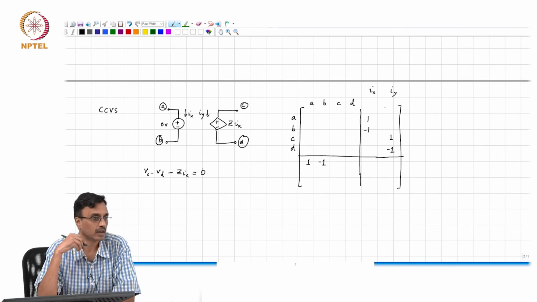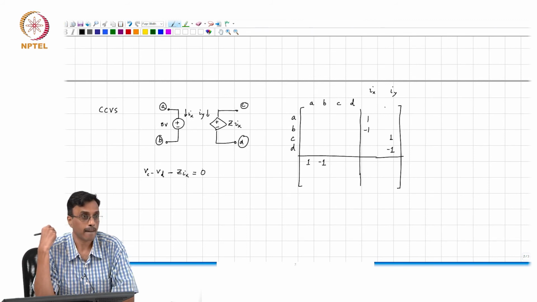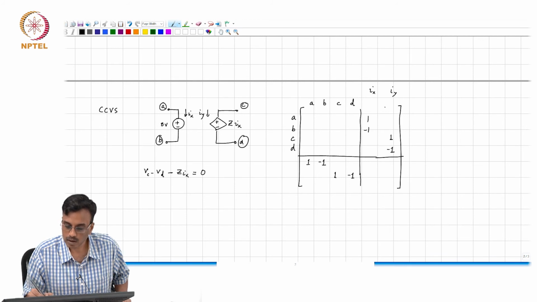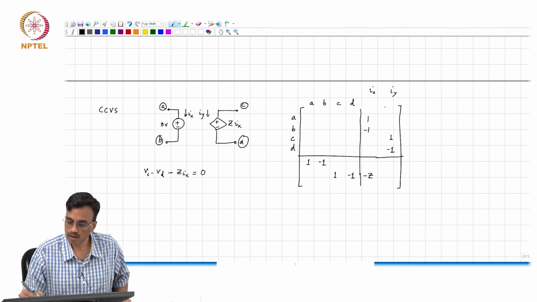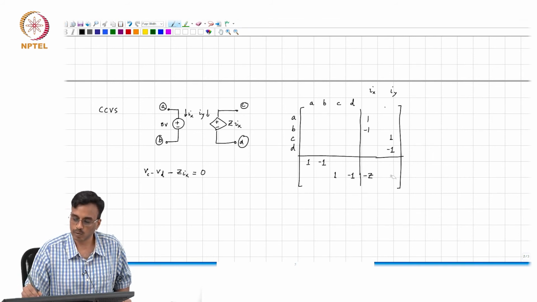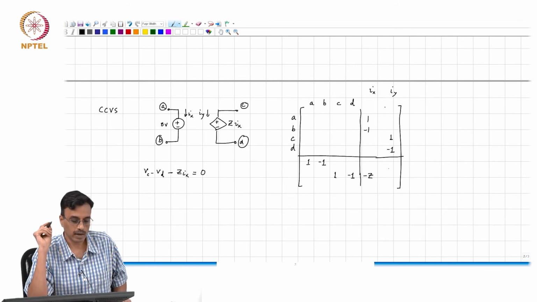So, what is that equation? 1, minus 1 and minus Z and 0. I guess the entries which are not there are all assumed to be 0. So, this should be good. All right. Okay.